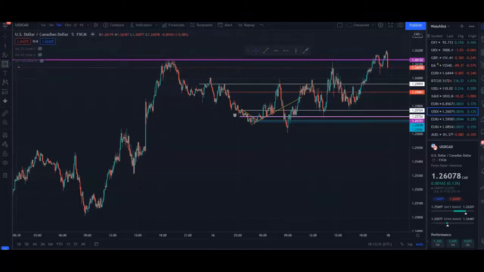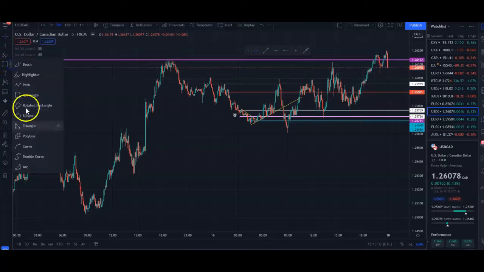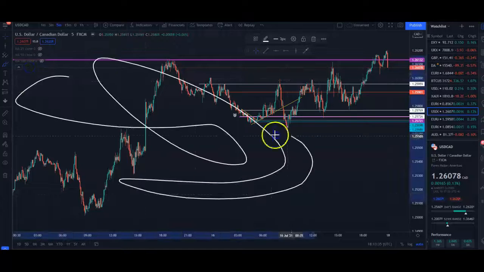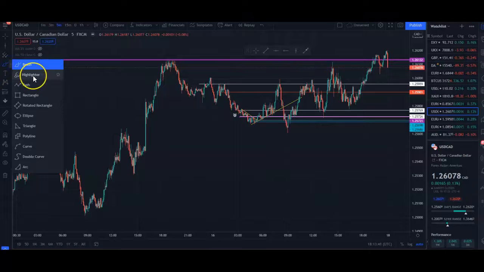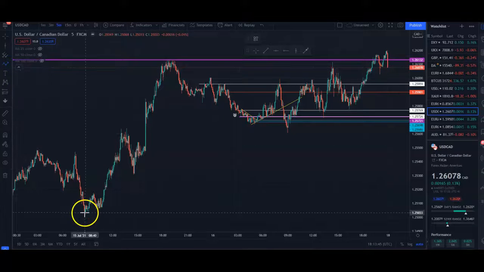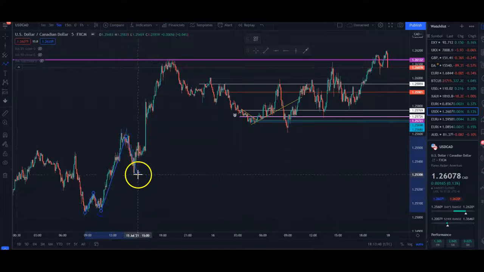Anything that you want to look at, you can click the arrow. You have your paintbrush where you can draw. Then you have a highlighter, if you wanted to highlight something. Path of the market, the move of the market, here it comes, boom. You can anticipate something, get ready for a future move.